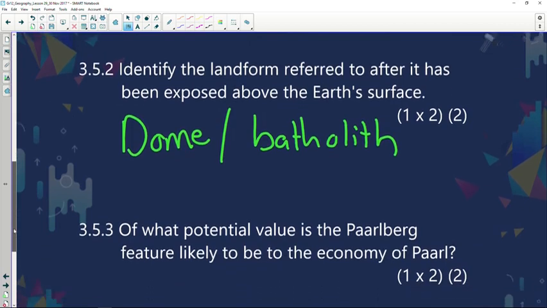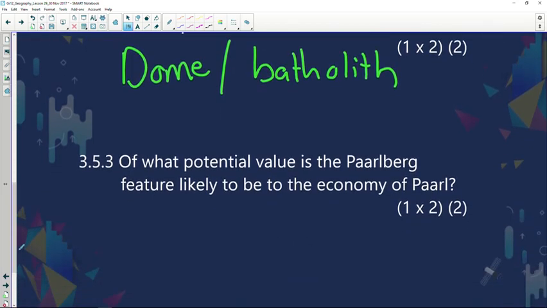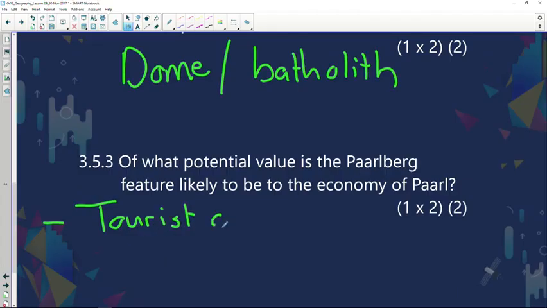Then if we quickly look at question 3.5.3: of what potential value is the Paarlberg feature likely to be to the economy of Paarl? First of all, it's the biggest igneous intrusion that has been exposed to the surface, so definitely a tourist attraction. And what can people do?